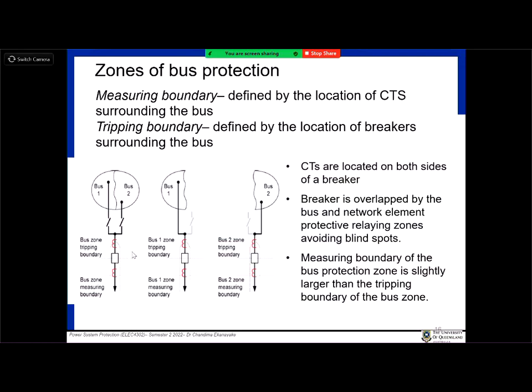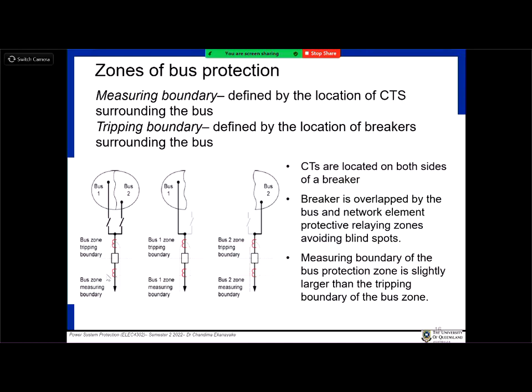But when you are looking at the overall picture for the whole system, for the bus zone protection schemes, the measuring zone is this one. But what is that measuring? This measuring boundary is for the line. This CT is doing the measurements for this line protection.